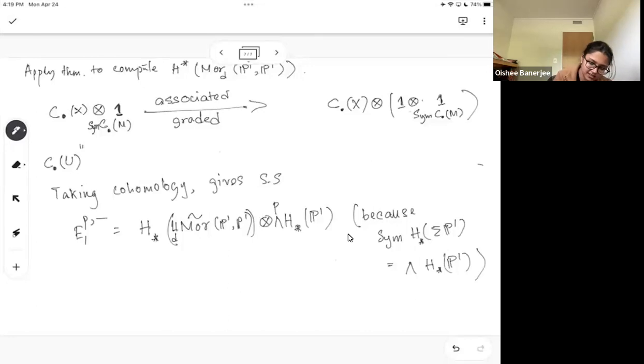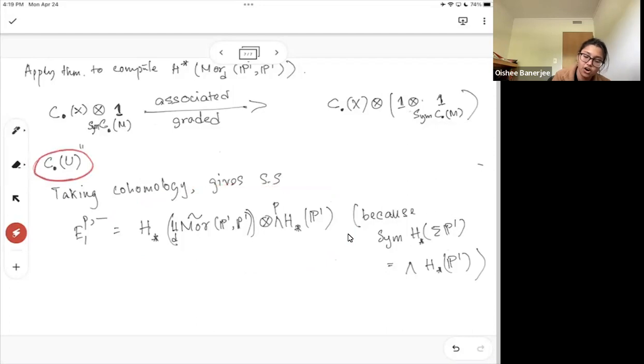And in turn, this spectral sequence converges to the cohomology of U, which is the honest-to-God holomorphic maps from P1 to P1, the pairs of polynomials having no common zeros. And this spectral sequence has non-zero terms only in the first three columns, because the homology of P1 is just a two-dimensional vector space. It doesn't have much space to go beyond that. And all you have is a spectral sequence with a couple of columns.